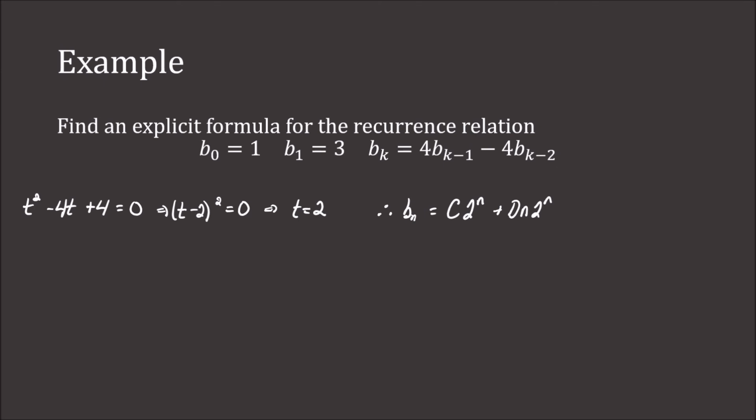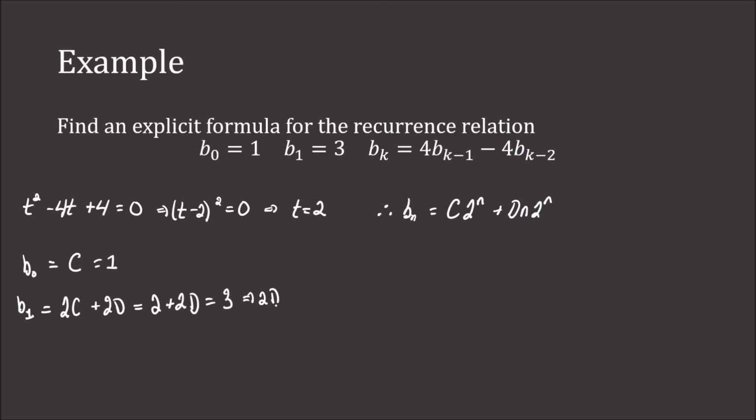Now we use the initial conditions. So b sub 0 would be c, and then this other term would just be 0. So c is equal to 1. b sub 1 will get 2 times c plus 2 times d. But remember, c is 1. So this is 2 plus 2 times d, and that has to equal 3.